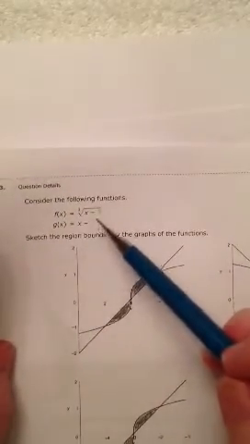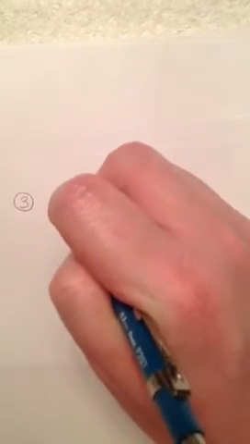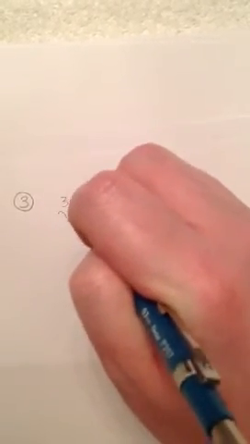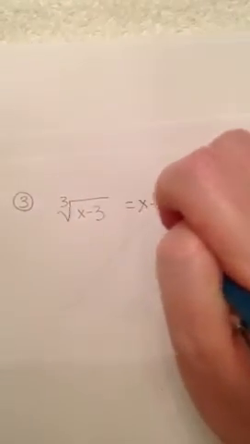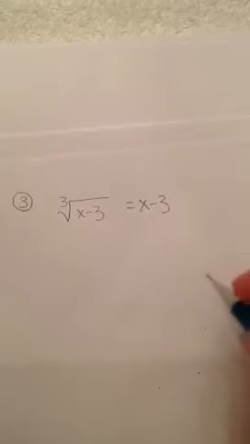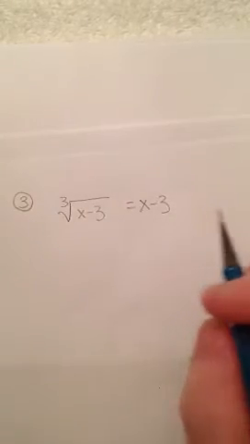Now, if we set these functions equal to each other, we can say that we have the cubic root of x minus 3 is equal to x minus 3, and we can get rid of the radical by cubing both sides.